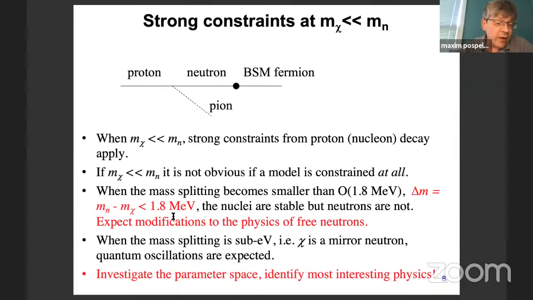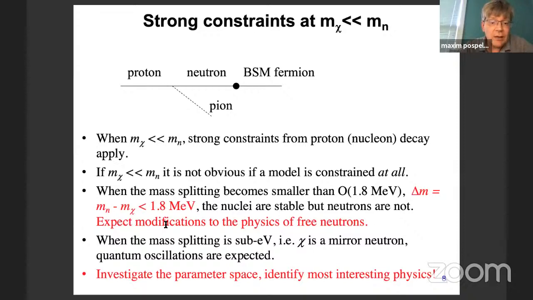But a very interesting situation is when the splitting between the fermion and the proton becomes small. If it becomes smaller than 1.8 MeV, then no neutrons in any of the stable nuclei can actually decay into a chi state, and therefore the nuclei are stable in that situation.